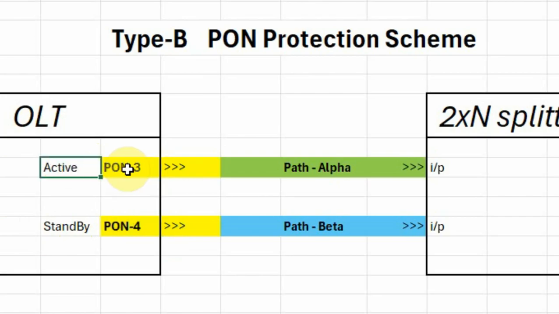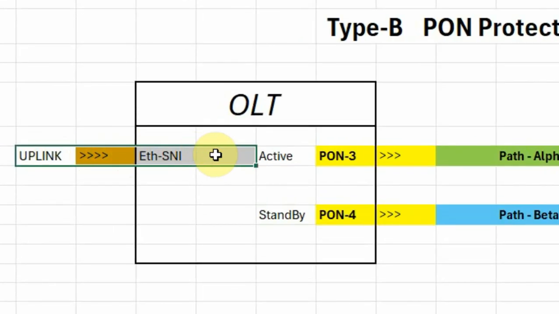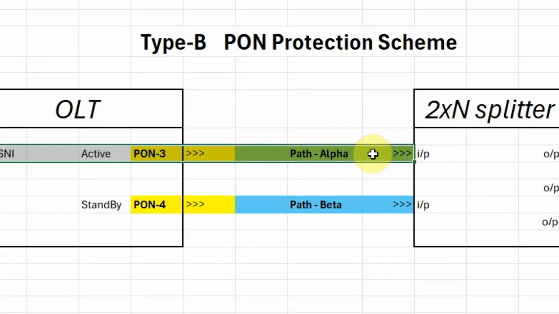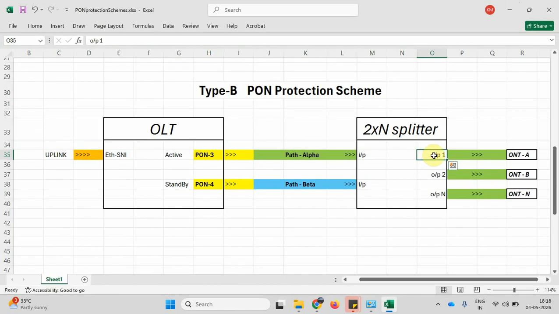Out of these two PON ports, one PON port will be active and other PON port will be standby. So the traffic from the uplink will flow through the active PON port and through the fiber here, which I have labeled as path alpha, and then it will get distributed in the optical splitter here, and the traffic would further upon get distributed to all these ONTs.